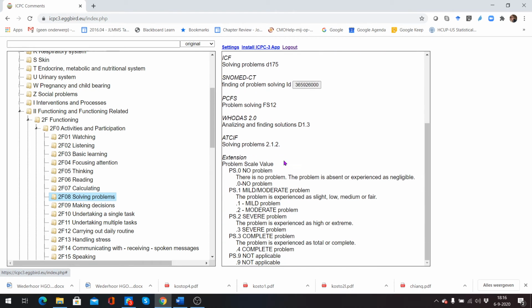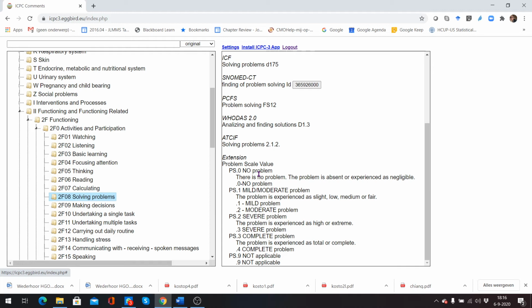At the bottom, on the right, you see the problem scale value. In all the classes, it's possible to use the severity scale to let the patient indicate if there is an issue in solving problems, and if so, to what extent. Registering this information allows changes to be tracked over time, but also to set goals.